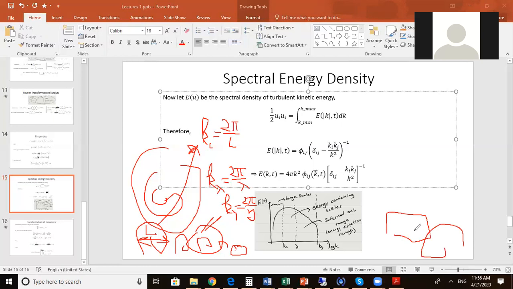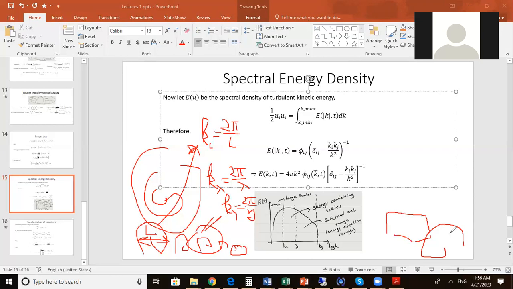Here the wave number is directed to me, here it's directed to you, provided that you are on that side of the screen. But you understand: over the surface and from the surface. So the key point is that these vortices, in terms of energy, not in terms of direction, are the same.